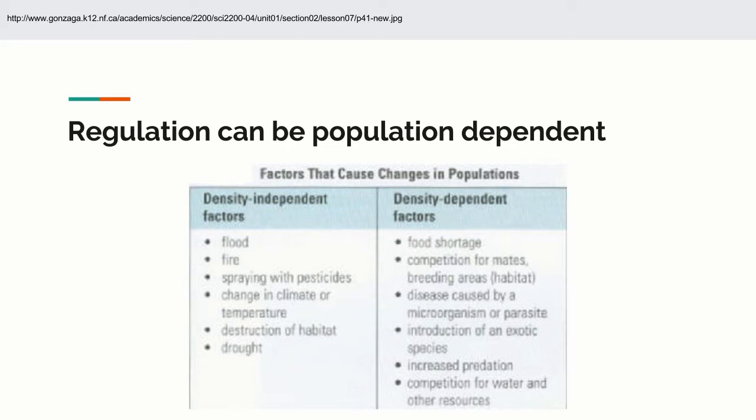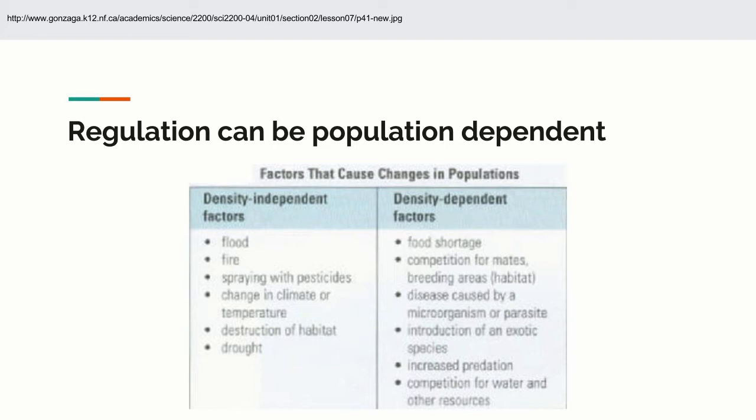You're going to have disease that's going to start to become an issue. If you get a new organism in the area, it's going to be easier to disrupt just because they can. If you happen to introduce a new predator, they can just wipe everything out because there's nothing that's going to be able to stop it. You also have fighting for the food, shelter, and space and stuff like that.